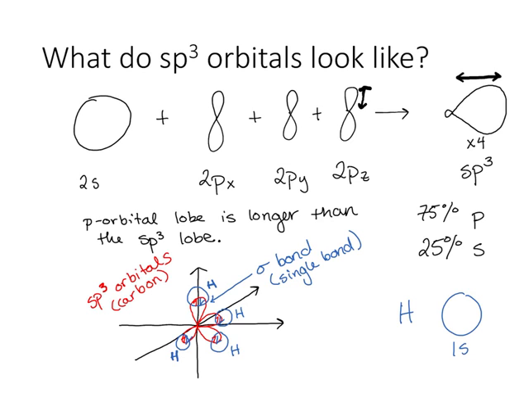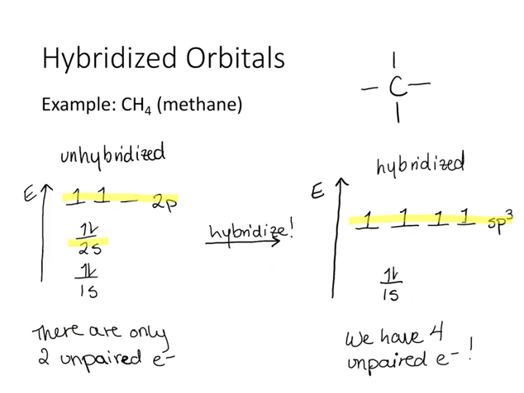All right, so let's go back and just review. So originally with our unhybridized carbon orbitals, we had only 2 unpaired electrons. So we would have only been able to make 2 bonds with different hydrogens. But once we hybridized the s and the p orbitals from energy level 2, we ended up with our hybridized sp3 orbitals, and there were 4 of them.